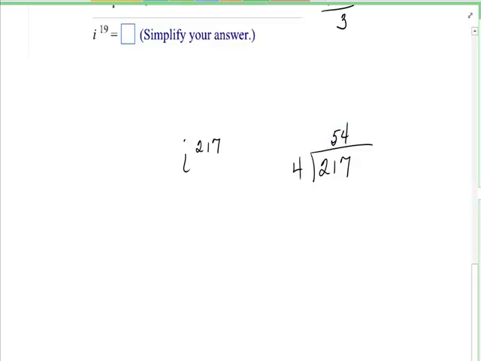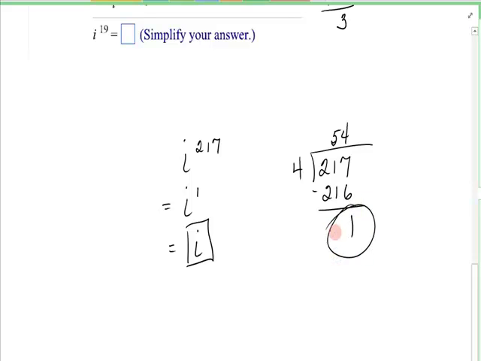Just write down the 54. Now multiply 54 times 4, and you get 216. And subtract, you get 1. I to the 217th is equal to i to the first, which is i.